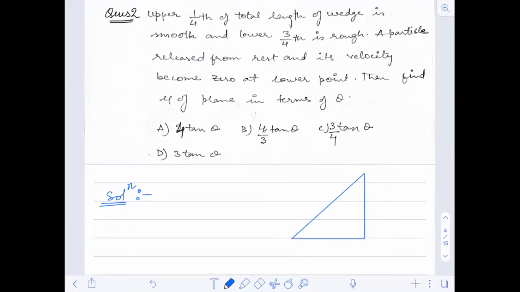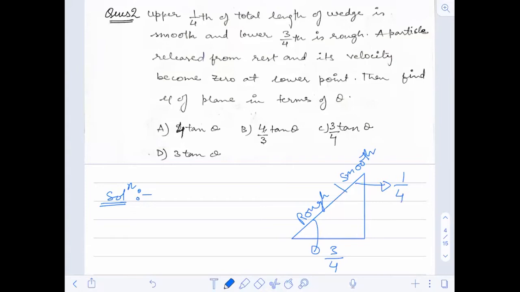In this wedge, the top 1/4 portion is smooth. Okay. And this portion is rough. So this portion is rough and this one is smooth. So lengthwise this is 1/4 and lengthwise this is 3/4.